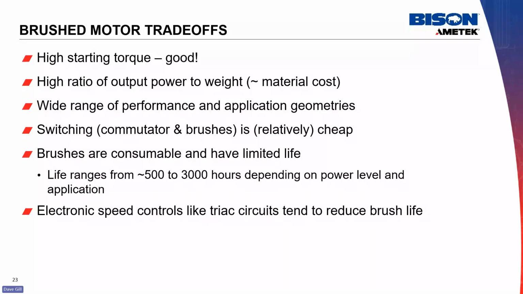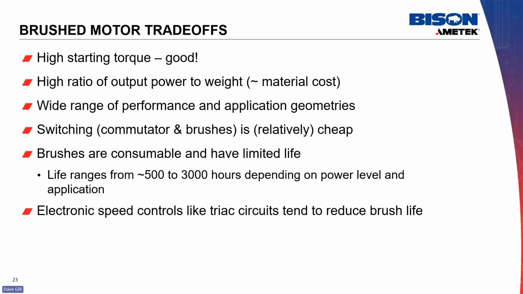There are a wide range of performance and application geometries available, which we will talk about later in the program. Switching via a commutator and brushes is relatively cheap. Brushes are consumable though, and they have a limited life.